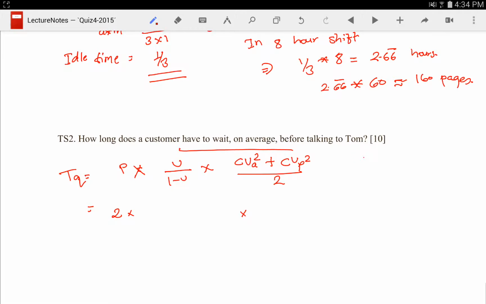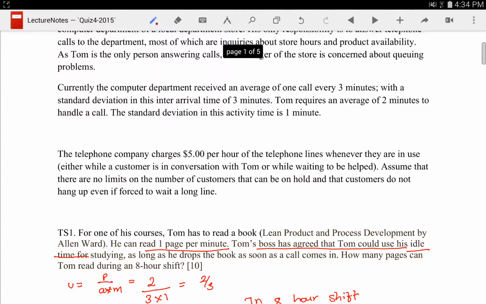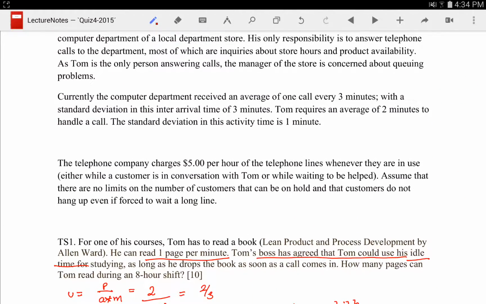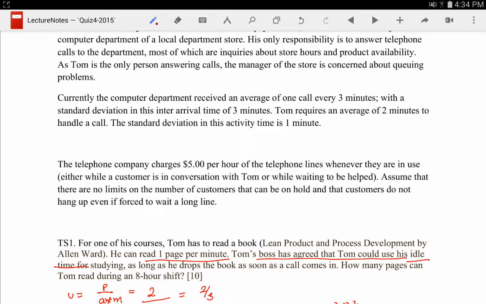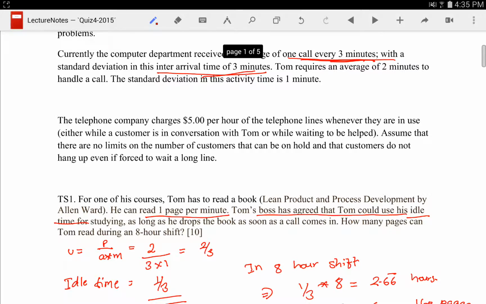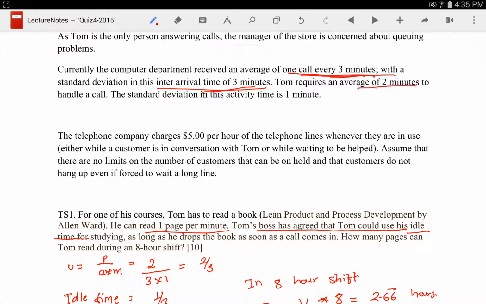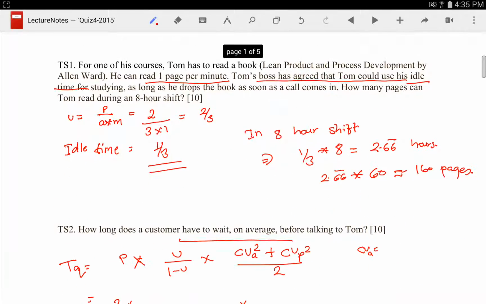Let's go find CVA on the side. CVA is the standard deviation of the inter-arrival time divided by the mean of the inter-arrival time, which is an average of 3 and a standard deviation of 3. Similarly, for CVP, the mean is 2 and the standard deviation is 1.